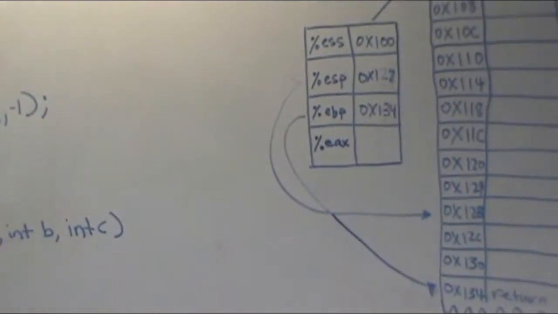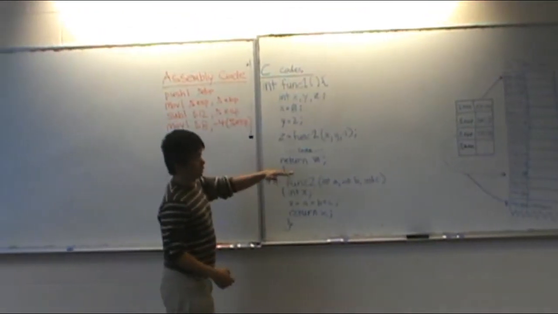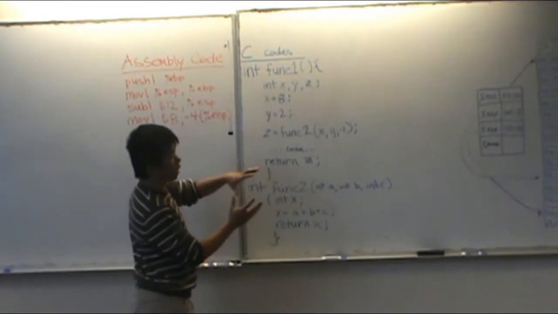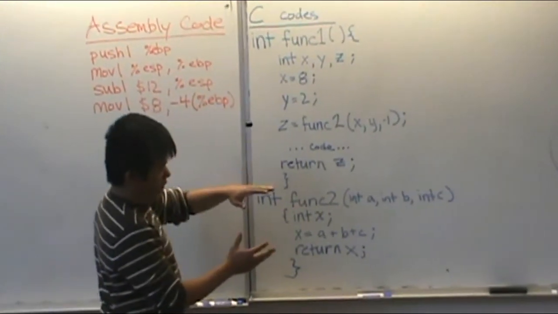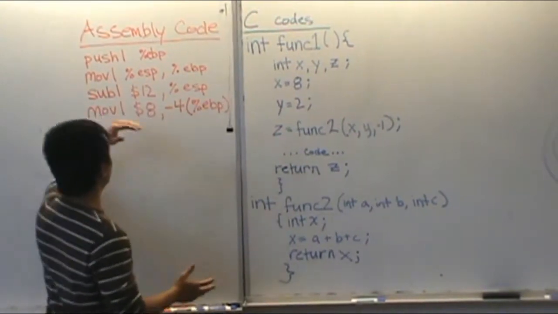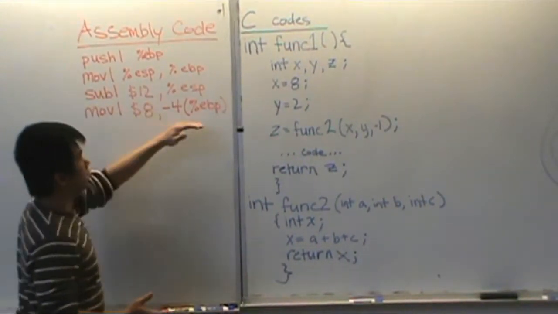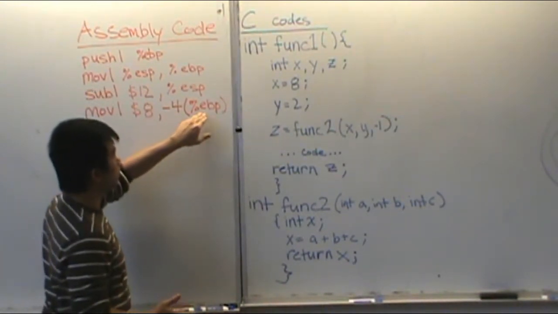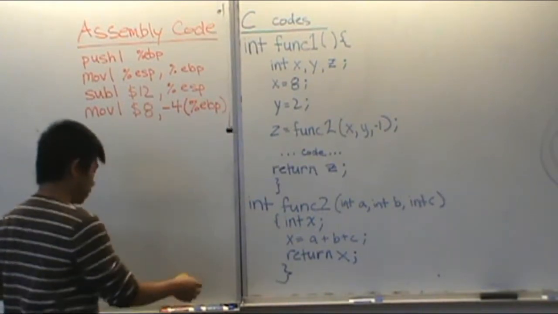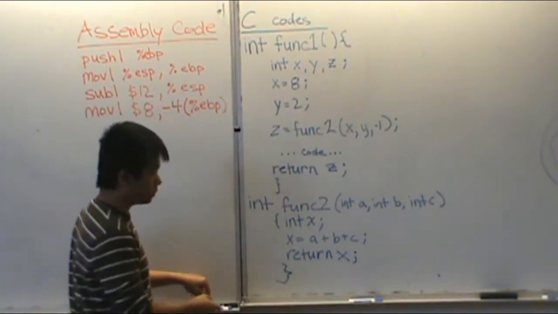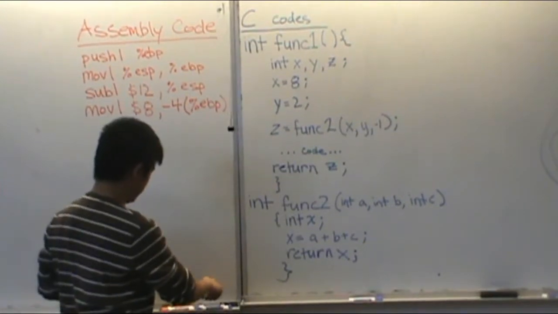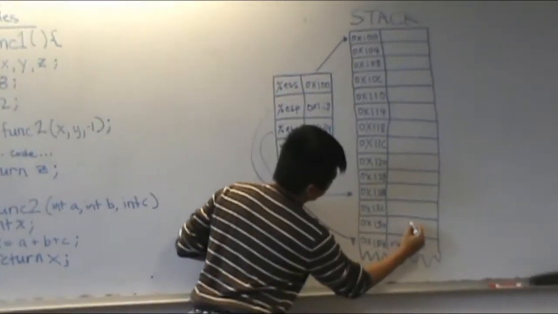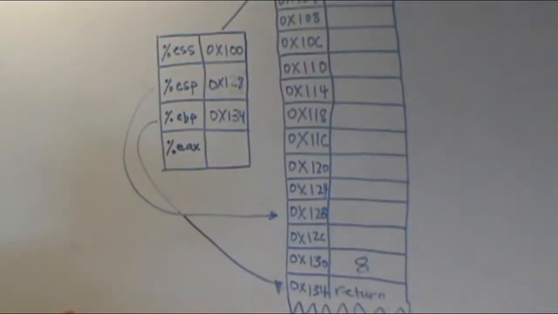The -4 means the address is the base pointer subtracted by 4. So instead of doing another subtract on EBP, we can just use -4 in parentheses with EBP, which is the pointer kind that we learned in Lab 4. So this will make 130 have the value 8 for the x variable.